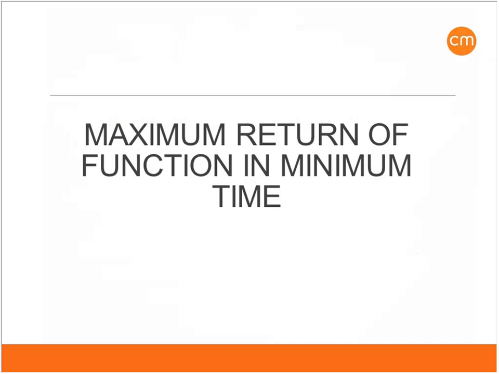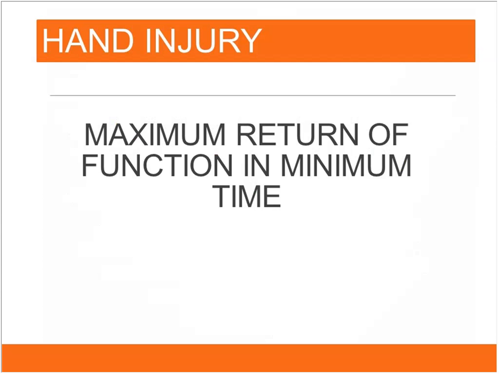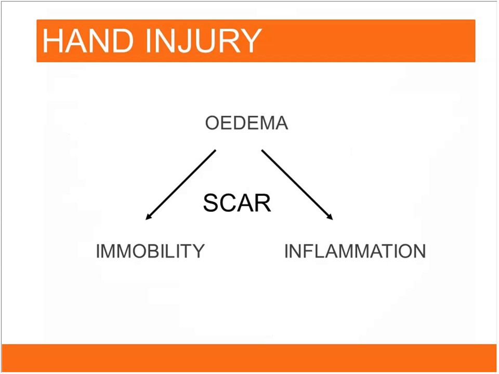Our overall goal is to return a worker to maximum function in minimum time. So we're always looking at the speed of recovery, but we have to take into account the injury and getting them back to their best. In hand injury, scarring and swelling and inflammation are the enemy and can cause great contracture, pain and loss of function.